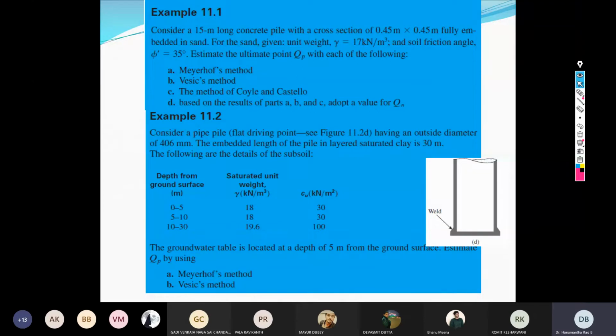Anyone could provide me the solution? Because all the handouts, everything was given. Just look into the handouts. So try to see what kind of Meyerhof method equations are available and try to get the parameters and substitute. So then what you will get is pile load capacity.